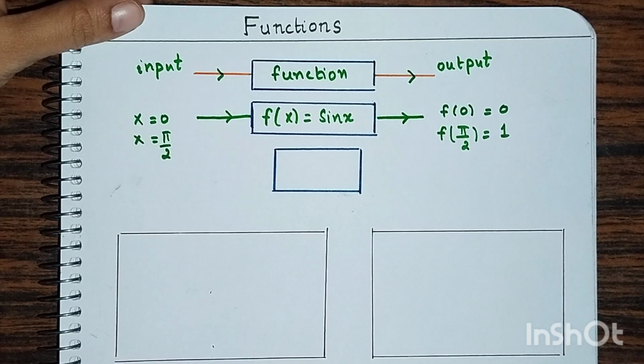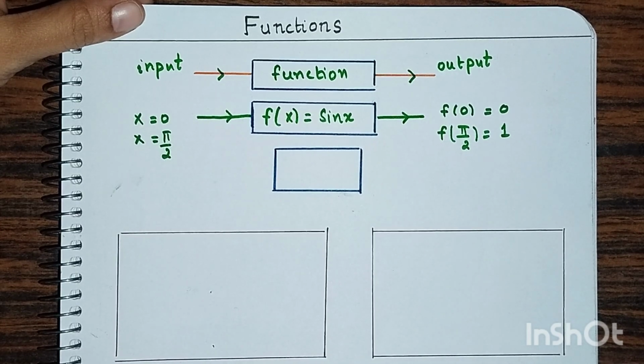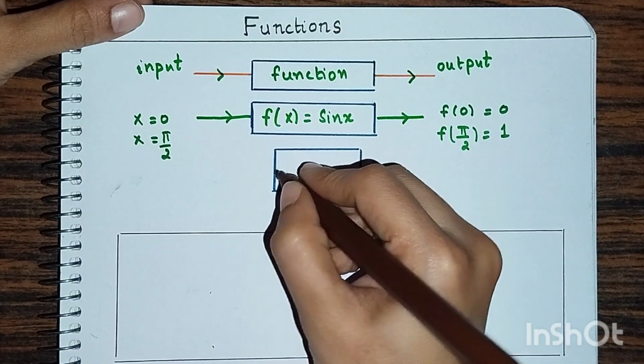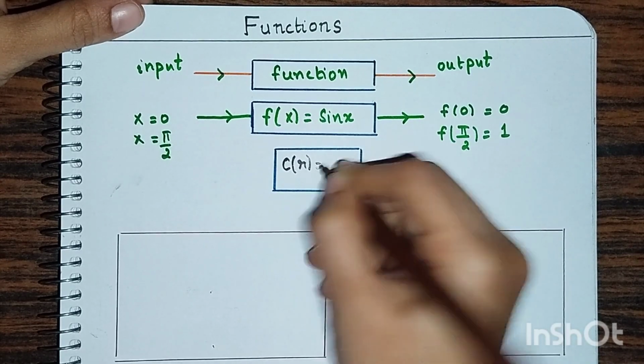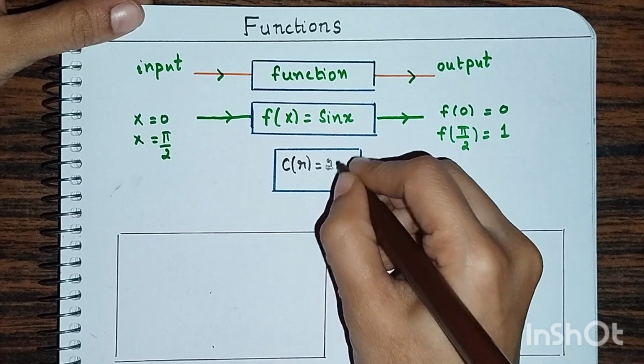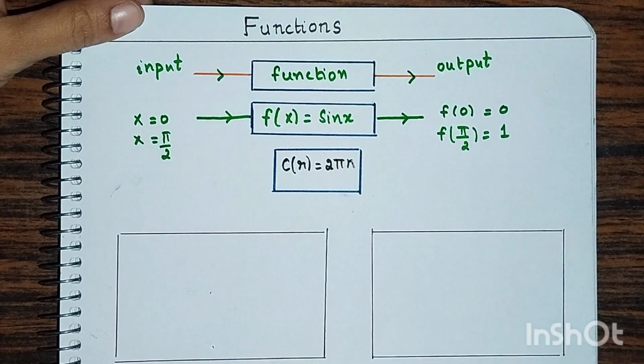Now we'll take one more example. Suppose, let us say, circumference as a function of radius. We know the circumference of a circle is 2 pi r.